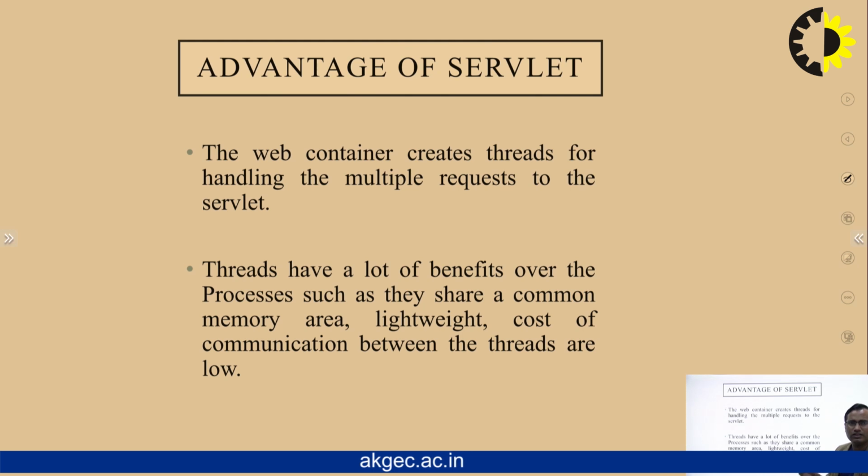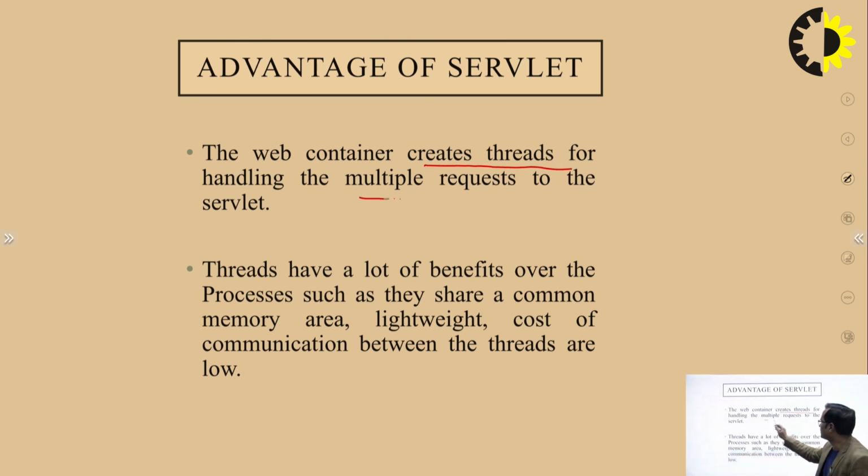So, what is the advantage of the servlet actually? Servlet has a web container that creates threads for handling the multiple requests. It does not create a separate process, it creates separate threads to handle the multiple requests. And why threads? Because threads have a lot of benefits over processes.